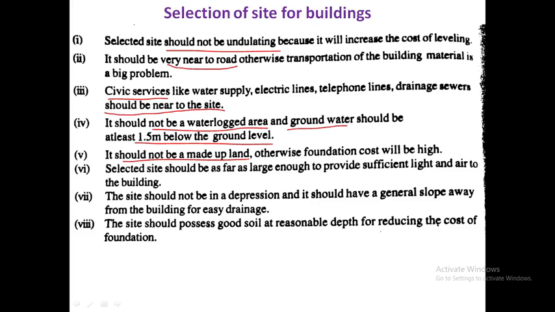Then the selected site should be, as far as possible, large enough to provide sufficient light and air to the building. Then the site should not be in a depression and it should have a general slope away from the building for easy drainage. The site should possess good soil at reasonable depth for reducing the cost of the foundation.